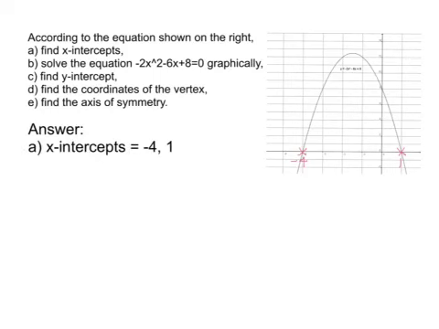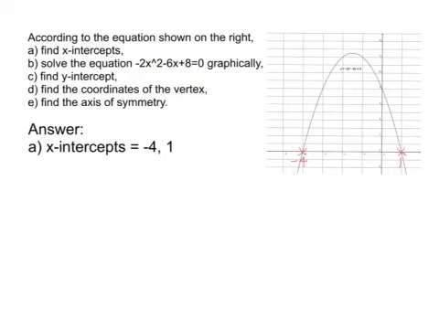Now part B is basically asking you the same thing. Now forget about the word graphically. If I ask you to solve this equation, what you usually need to do is refer to one of the three methods: the factor method, completing the square method, or the quadratic formula. But now I'm asking you to solve this graphically.